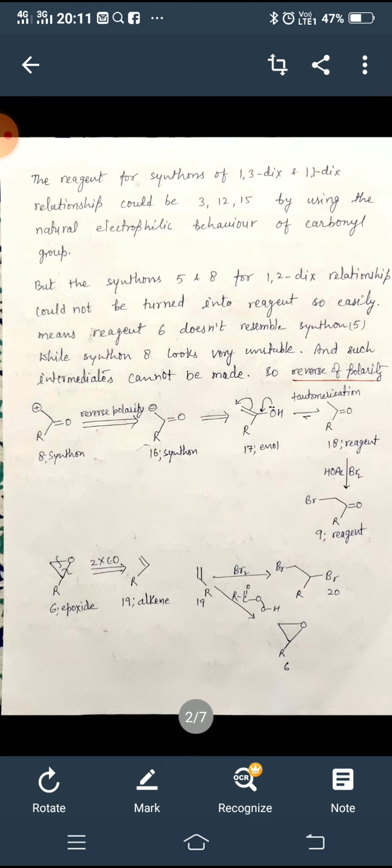Suppose this is synthon number 8, and after the reversal of the polarity this cation converts into an anion.